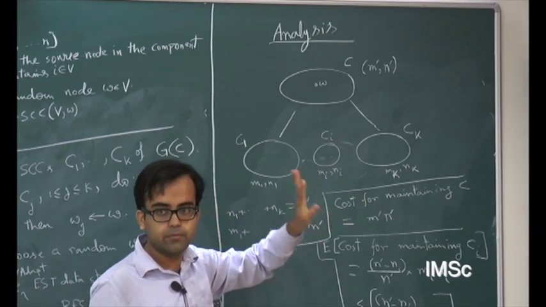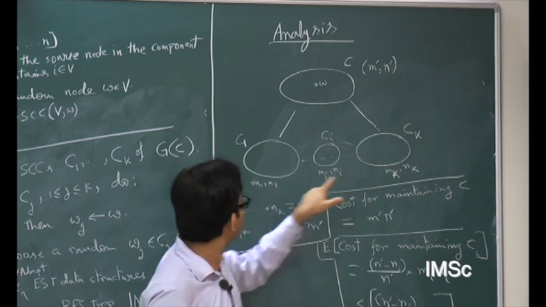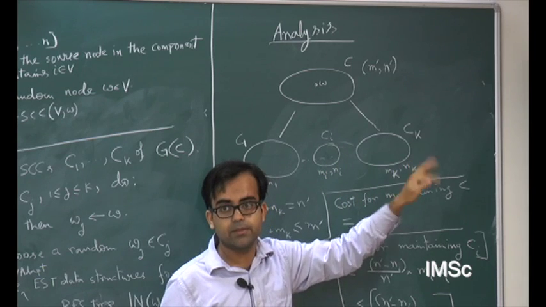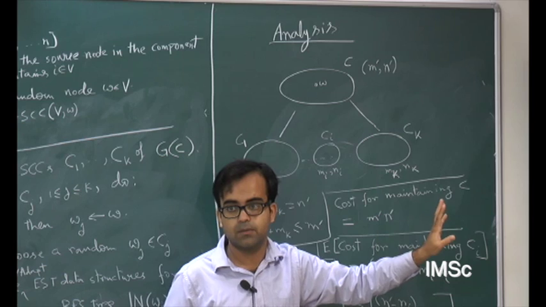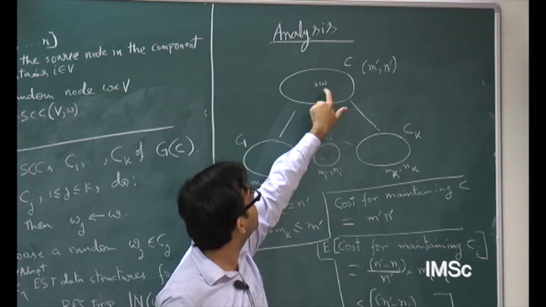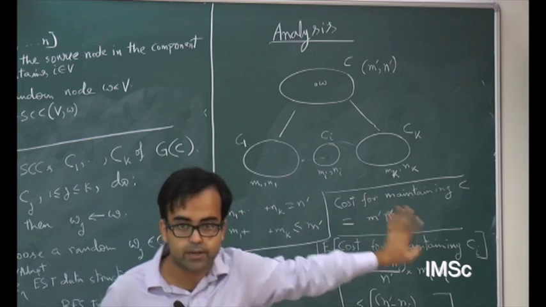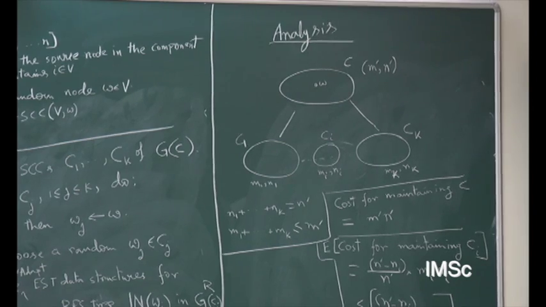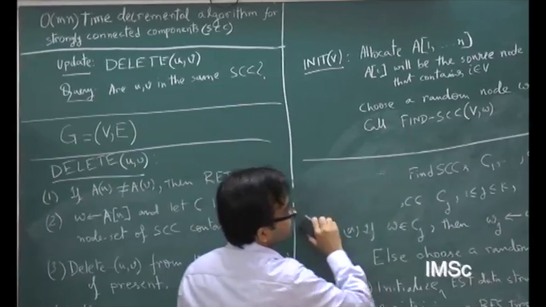But before we go there, first note that these values of m prime, n prime and m1, n1 to mk, nk are fixed, they are deterministic, they are completely determined by the update sequence. Okay. Only these w's we are choosing randomly. So, this m, n, they are not random, they are just fixed. So, for the time being fix an update sequence, so that you will know all these m prime, n prime values, and then we are just going to analyze the cost.